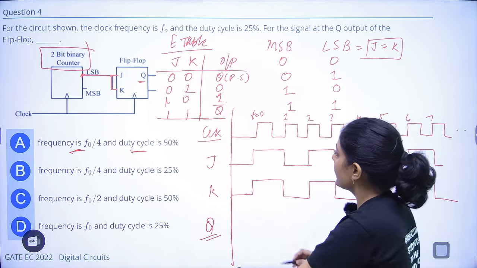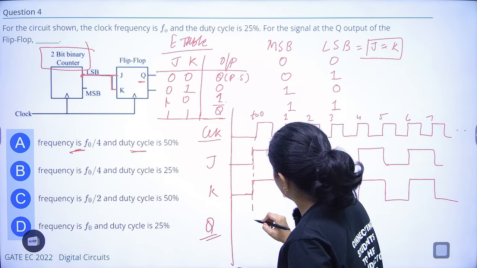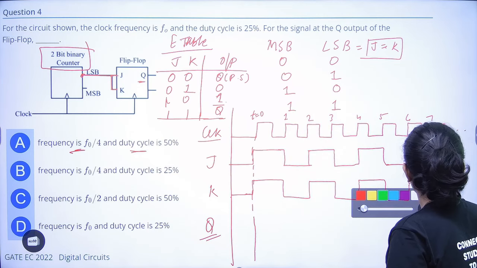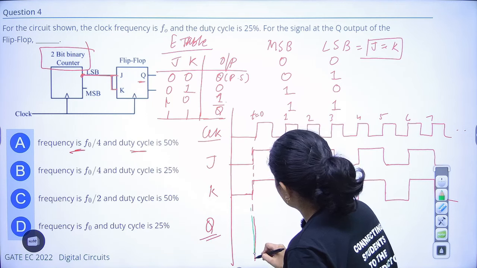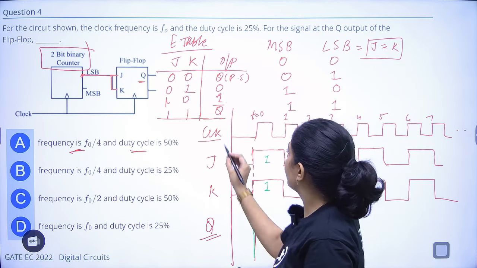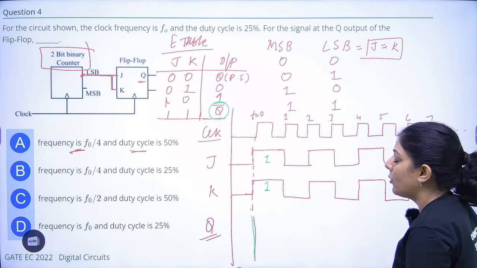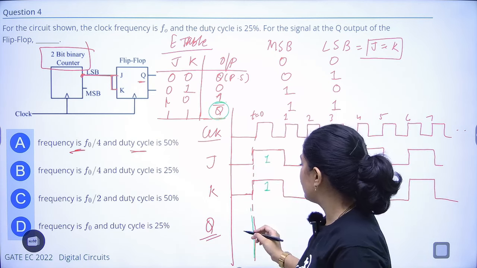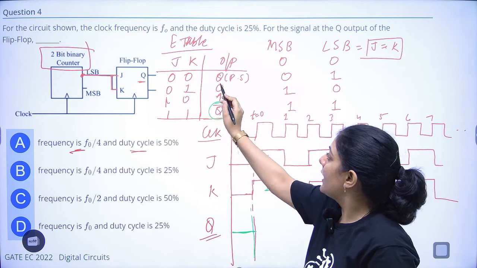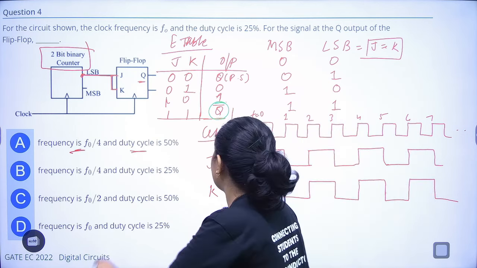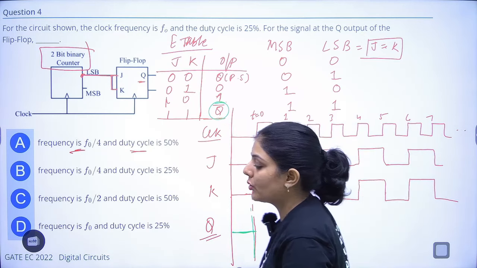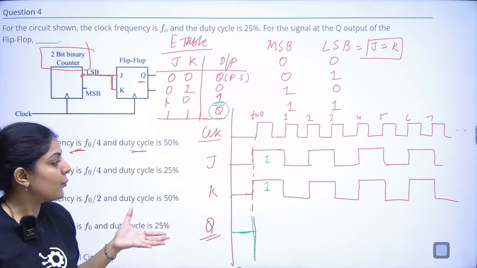Right, now starting from this, we see for JK both equal to 1. If JK was 0, it would stay in the previous state. But when J and K are both 1, the output will toggle.